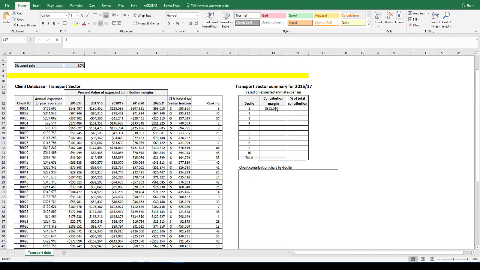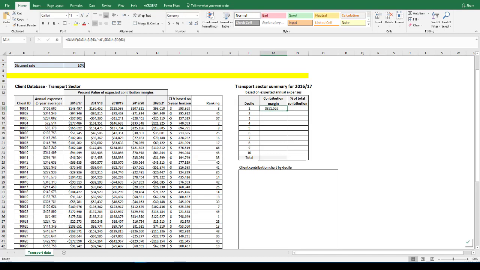For the second decile, I can use the same formula by fixing some of the cells. So as I said, decile 1 accounts for customer number 1, 2, 3, 4, 5. Decile 2 accounts for customer number 6, 7, 8, 9, and 10. I can use the same formula and fix some of the cells and use it for the rest of the cells.